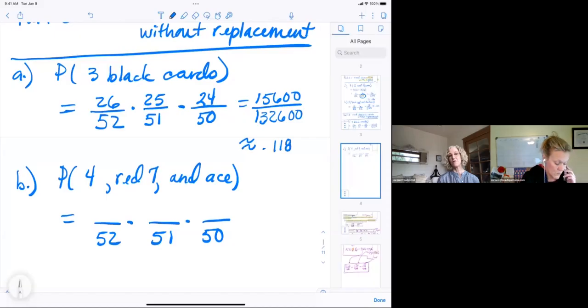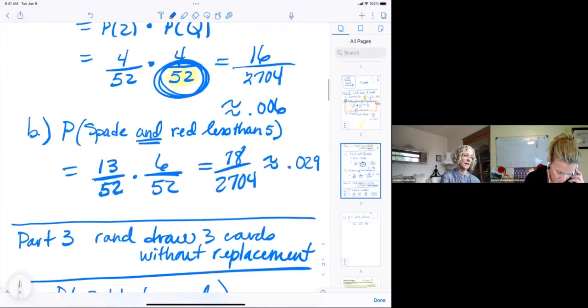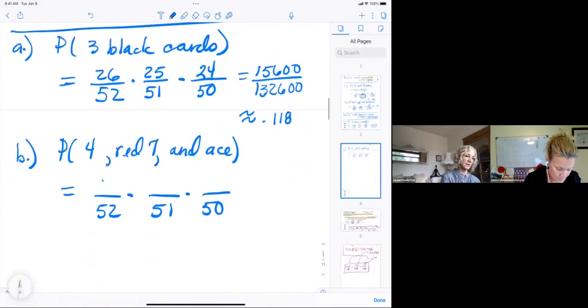Probability of drawing a 4. If I go back up to my deck, there are 4 4s. So the probability of drawing a 4 is 4 out of 52.